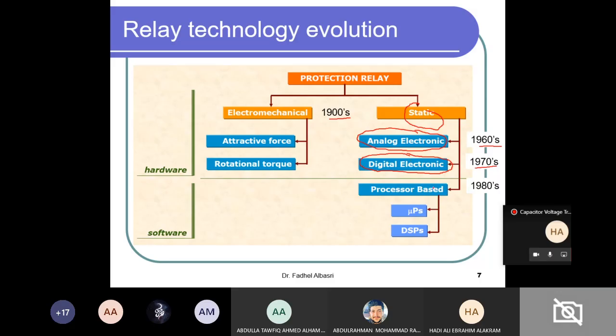There is no software. But the new technology now, which is based on relays built on microprocessors, was established in the 1980s. Okay, the microprocessor-based relays. Now we have hardware plus software. The software can be implemented using microprocessors or digital signal processing boards.